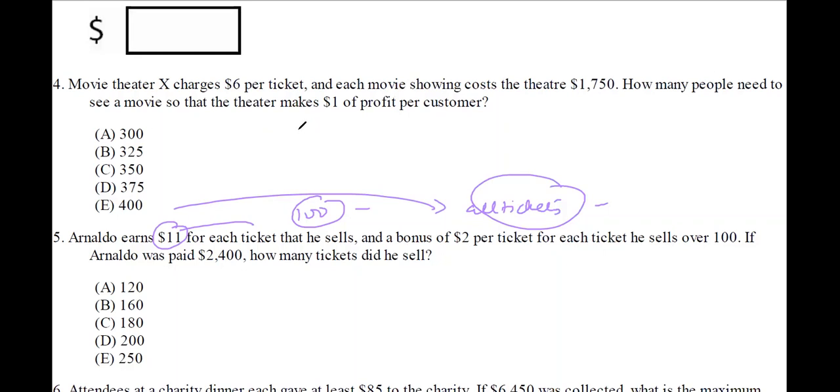For example, if X is the total number of tickets, the total revenue from the sales is 11x, which means I am getting at least $11 from all the tickets.